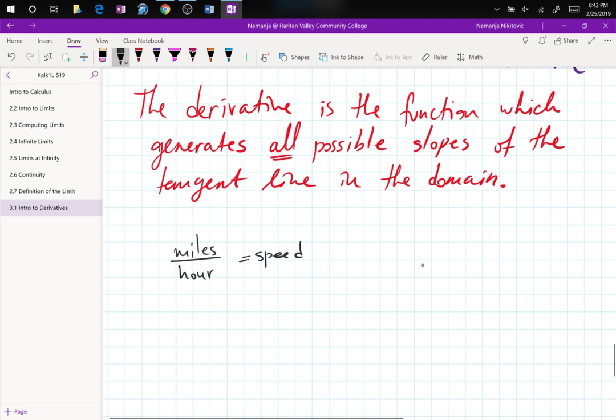When you look at this thing, the speed tells you how far you're going to get in 1 hour. So 60 miles per 1 hour means what? We will go 60 miles in 1 hour.